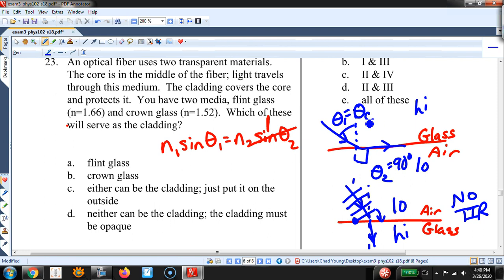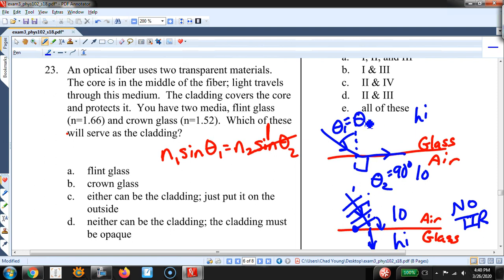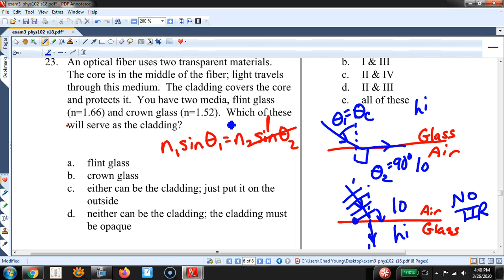And I think in this one, well, we'll get back to number 23. But I might ask you, what is the critical angle? And so let's just do that here. I know this is n equal 1.5, and this is n equal 1, and so I would say 1.5 sine of theta is equal to 1 sine of 90.